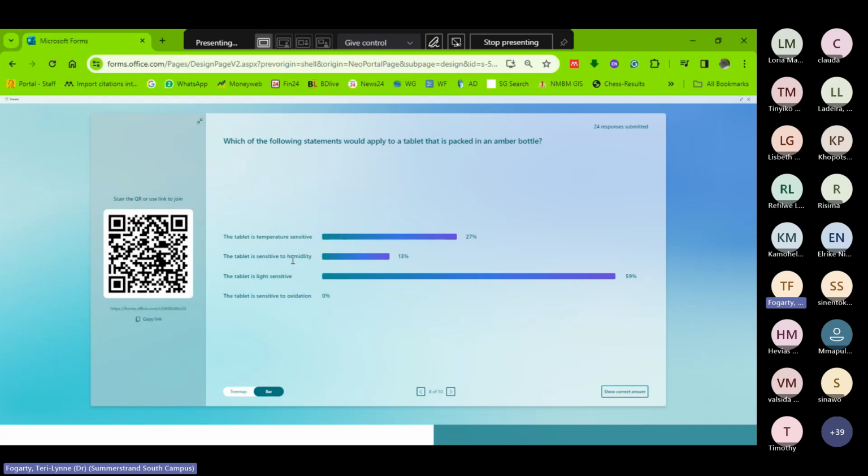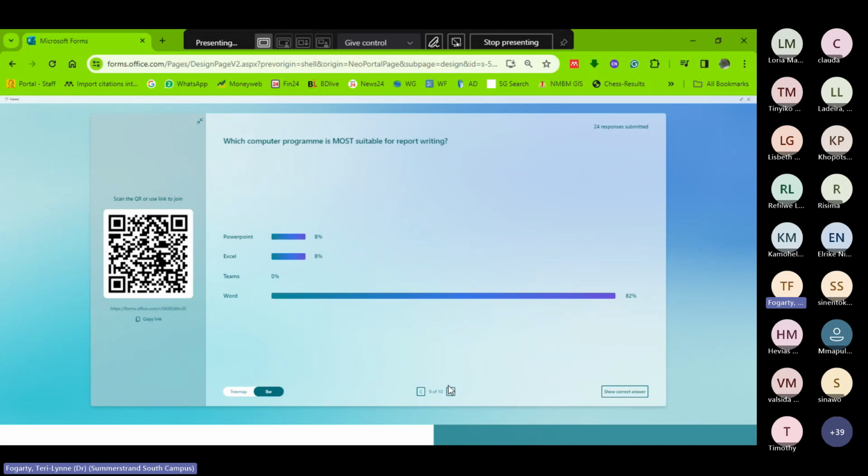We know that all medication must be protected from temperature and humidity, but the question is specifically asking about the amber bottle. The answer refers to the dark colored bottle, which means that this particular tablet is also sensitive to light. So what is applicable to the question is that the tablet is sensitive to light.